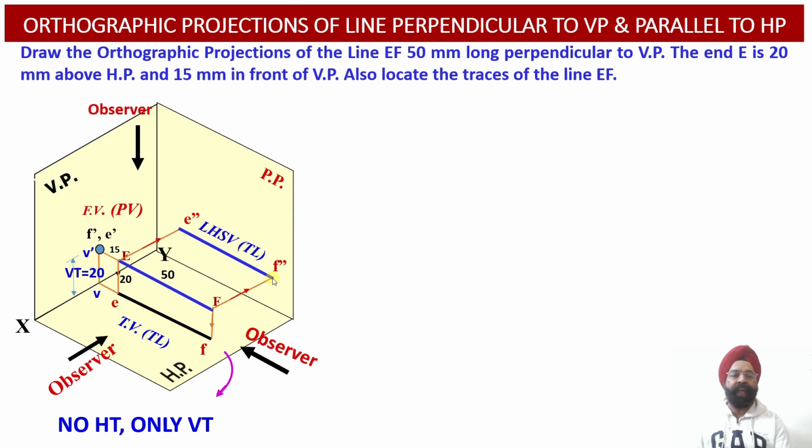Having obtained the left hand side view projection in the profile plane, we are now required to establish the relationship between the left side view projection and the top view projection. This will be done by drawing these two projection lines over here.